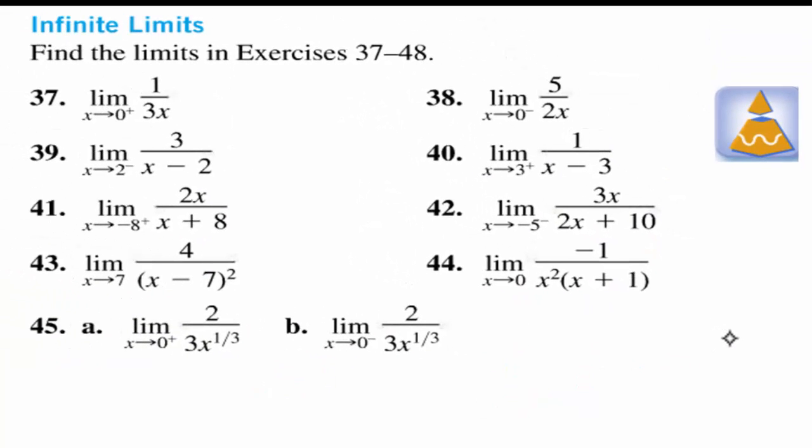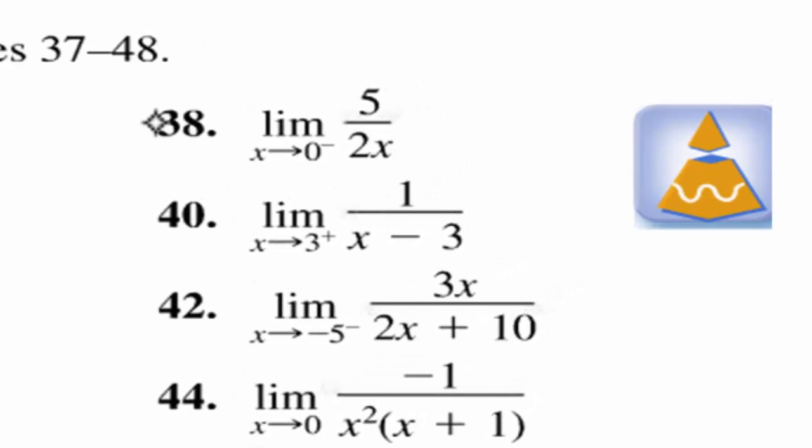Infinite limits. Find the limits in exercises 37 to 48, depending on where they ask x to go. Let's go ahead and work on number 38. We are letting x approach 0 coming from the left. The 5 and the 2 remain there, so it's 5 over 2.